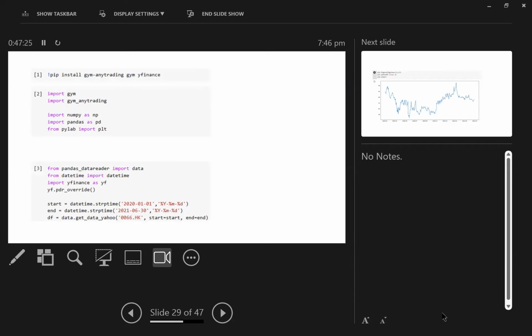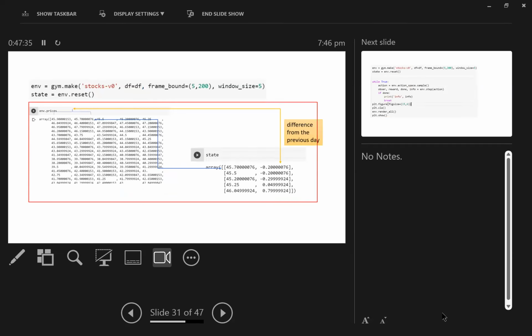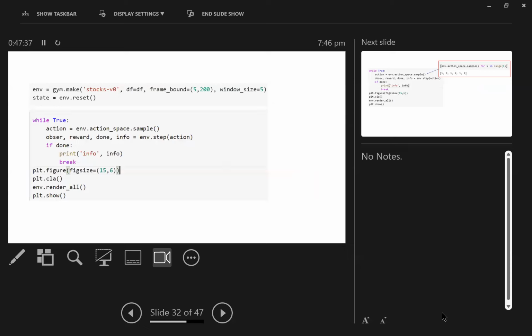Okay. Now, basically, what we are going to do is to follow the same approach that we had for the CartPole code.